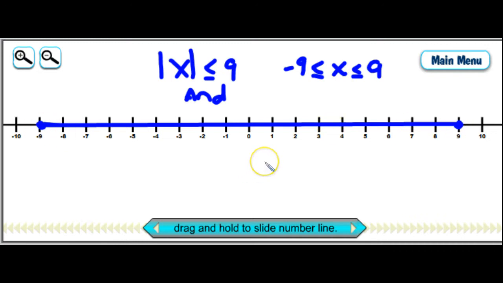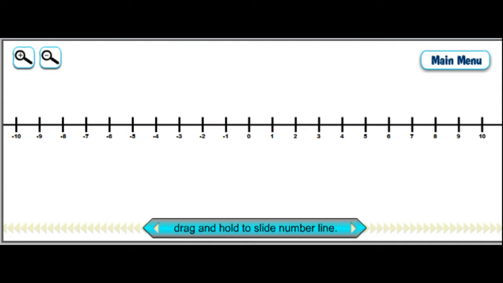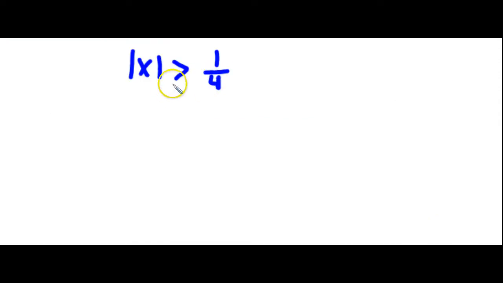Now if we look at the next part of example 1, instead of less than, it's greater than. So that means the distance x is from 0 has to be farther away than 1/4.